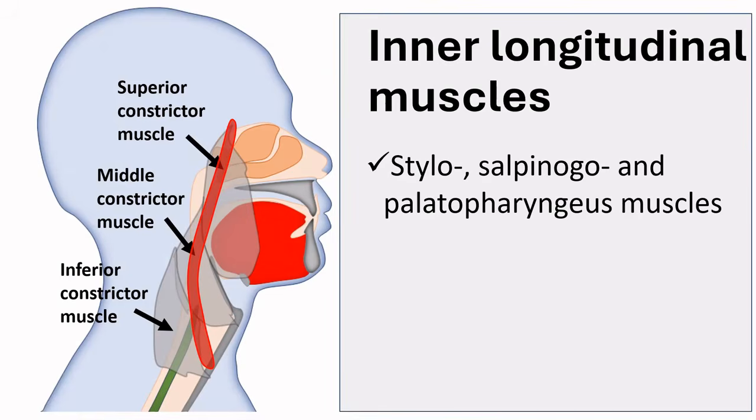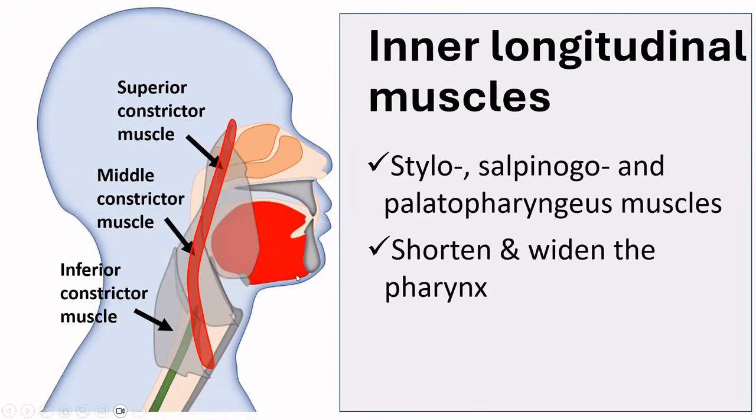The first term in their names refers to their point of origin. So the stylopharyngeus originates from the styloid process, the salpingopharyngeus from the Eustachian tube, and the palatopharyngeus from the soft palate. What happens when these contract? Well, you can kind of visualize it.